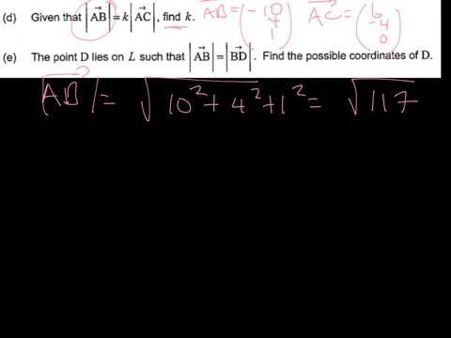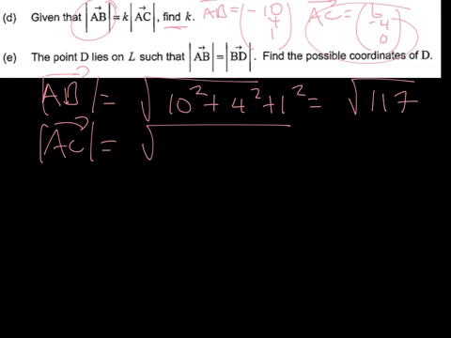The magnitude of AC we can also find: it is the square root of 6 squared plus 4 squared, which gives us root 52.